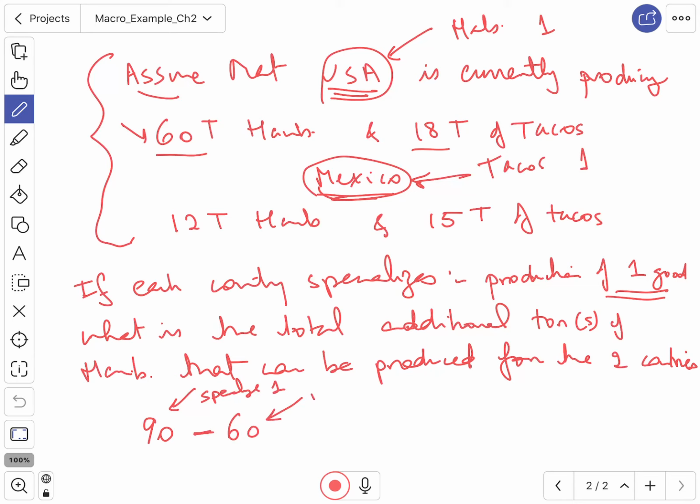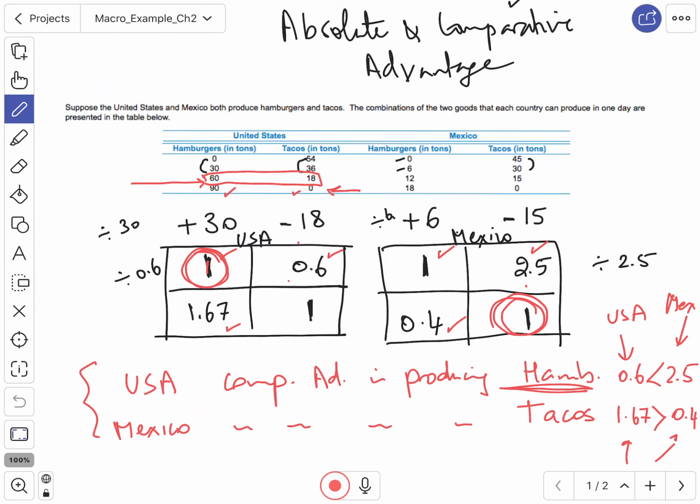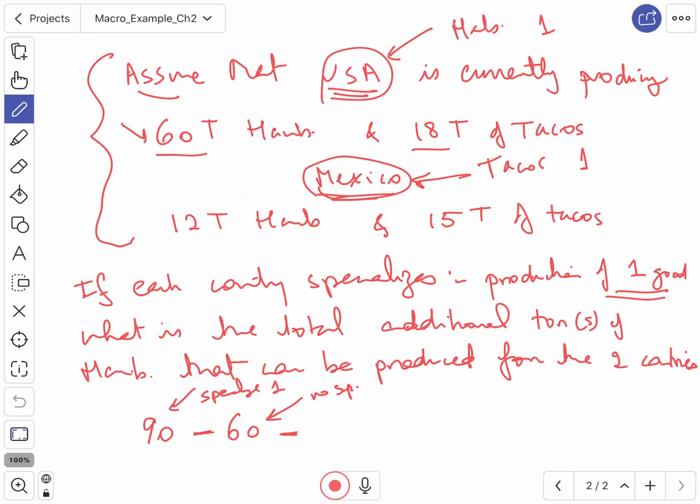This is no specialization. So USA was producing 60. And what about the case for Mexico? So Mexico, it's going to be equal to 12. So it's minus 12. Okay, so 12 is right here.